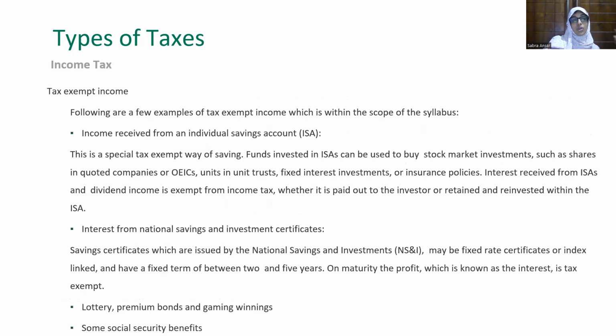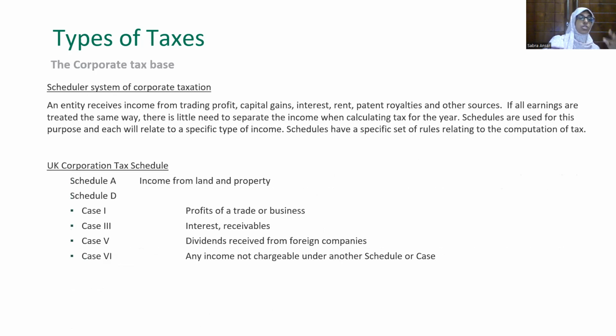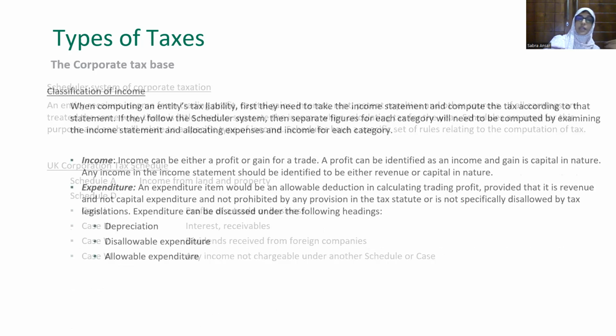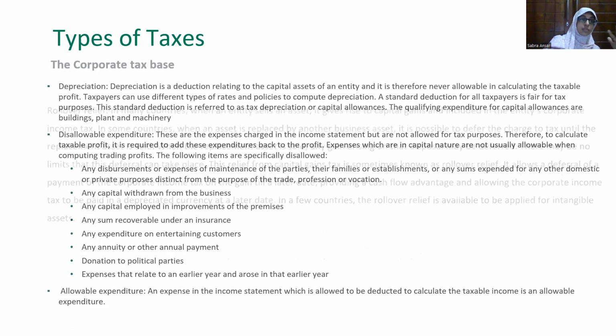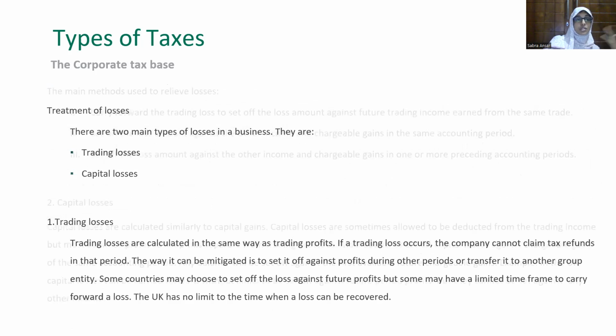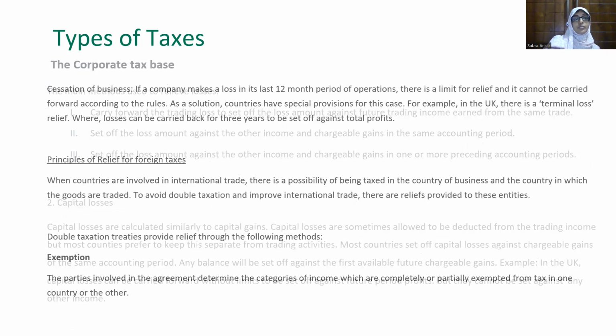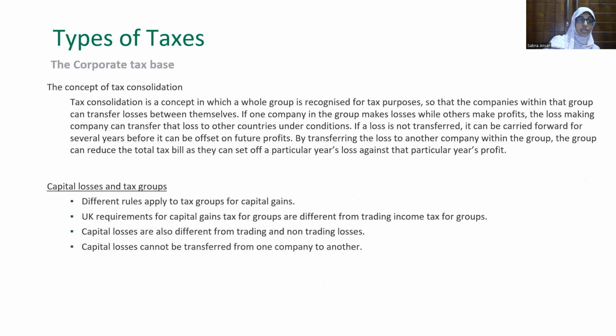Then we moved on to tax exempt income. Then different types of corporate tax bases as well. We talked about the schedular system, classification of income and expenses, how losses are traded, and how relief of foreign taxes, credits and deductions are used.